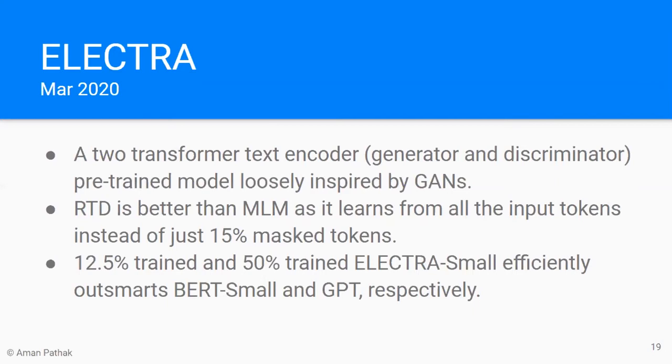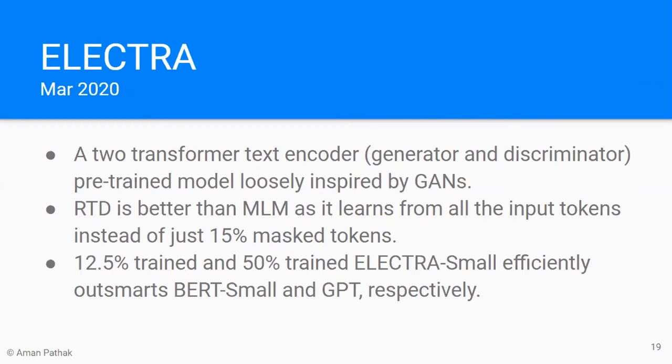So instead of learning from just the 15% of masked tokens by MLM, ELECTRA's discriminator scans through each and every word of the input tokens and then applies its learning procedure. ELECTRA is also considered one of the most balanced models, balancing the power consumption in terms of training and also performance.